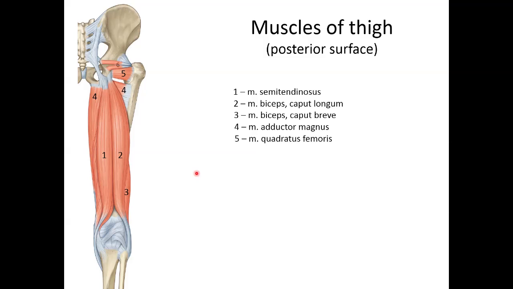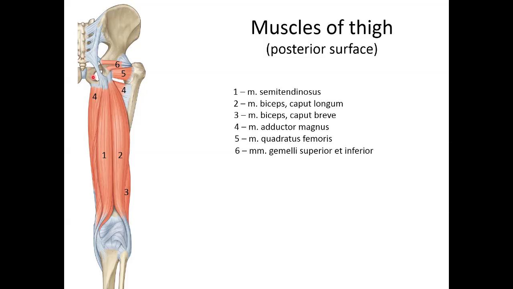And more superiorly to it, number 6, we can find two gemelli, musculi gemelli, superior and inferior. Between them, we could find the tendon of musculus obturatorius internus, but you can see that foramen obturatorium is opened here.